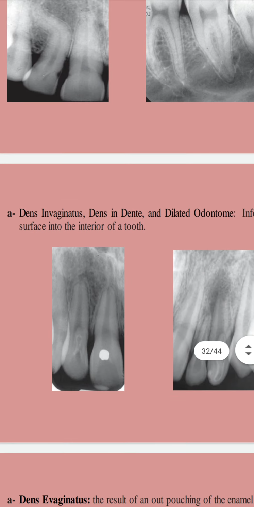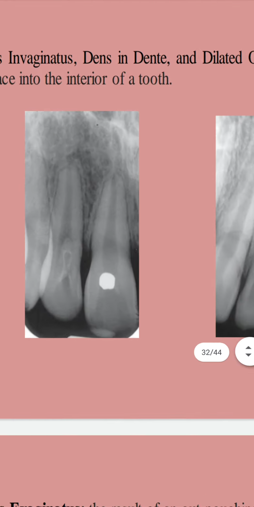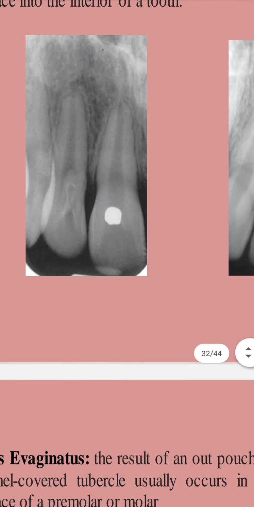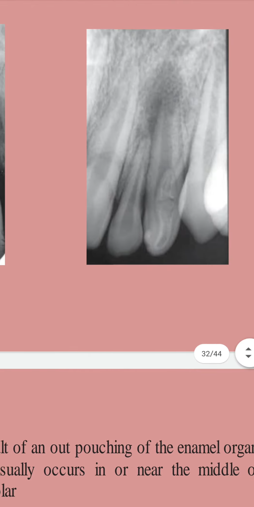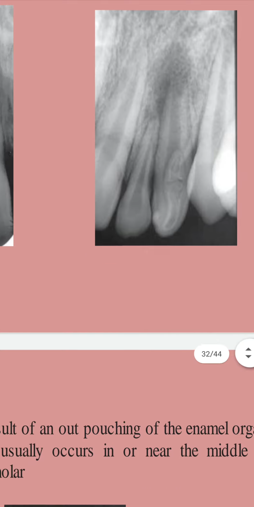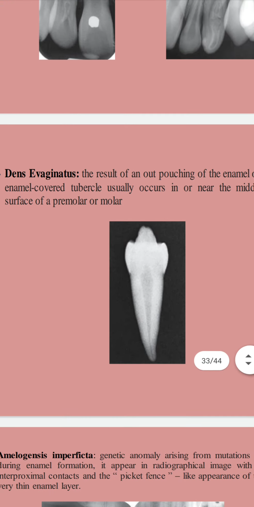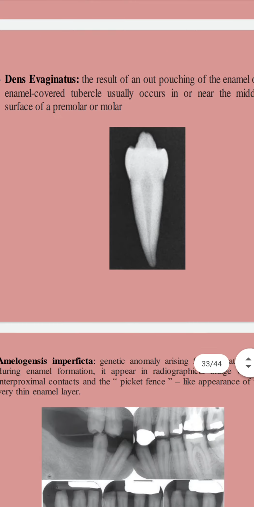Dens invaginatus or tooth in tooth, as appears here. It's like a tooth-like structure inside the pulp of the lateral incisor. And we have dens evaginatus. That means something like tooth structure appears on the surface of the tooth.